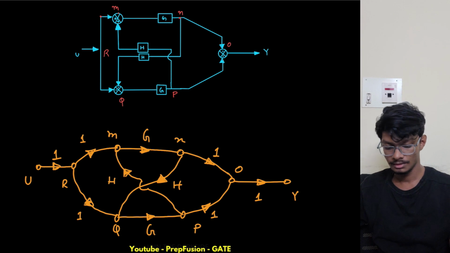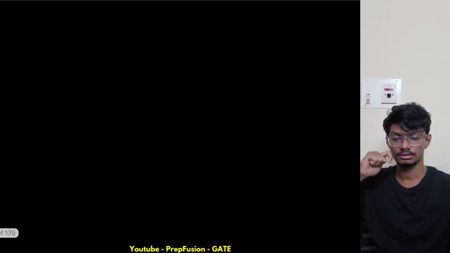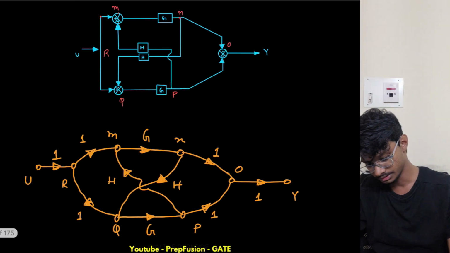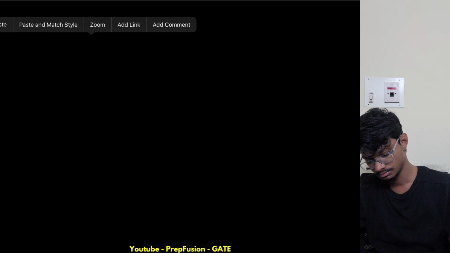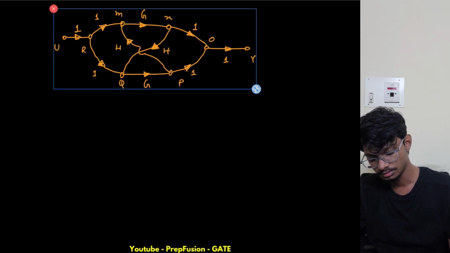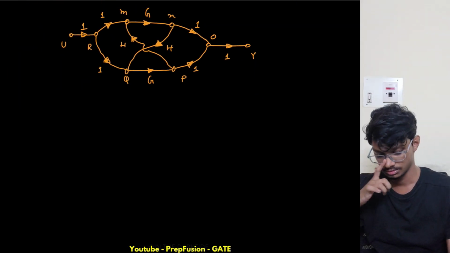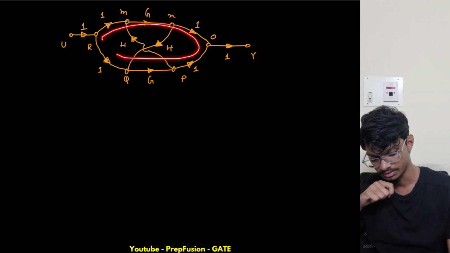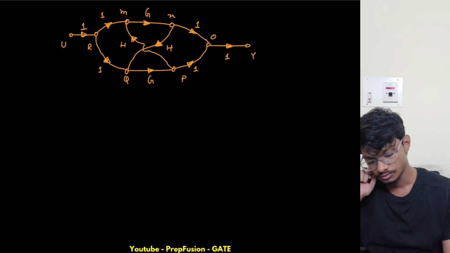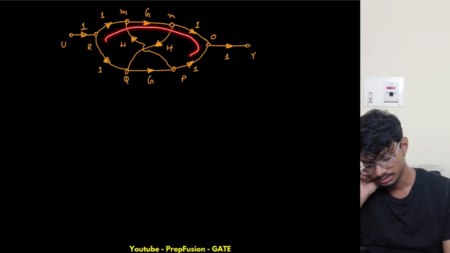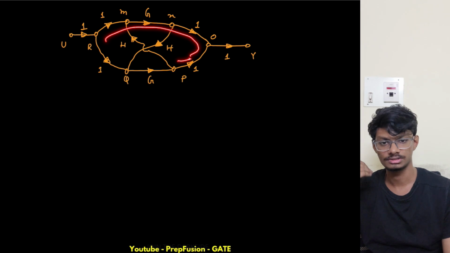Now let us write the determinant of this SFG. Let me copy this and make it smaller. How many loops can we see? Pause the video and tell me. Can I go like this? No, the flow direction is opposite.